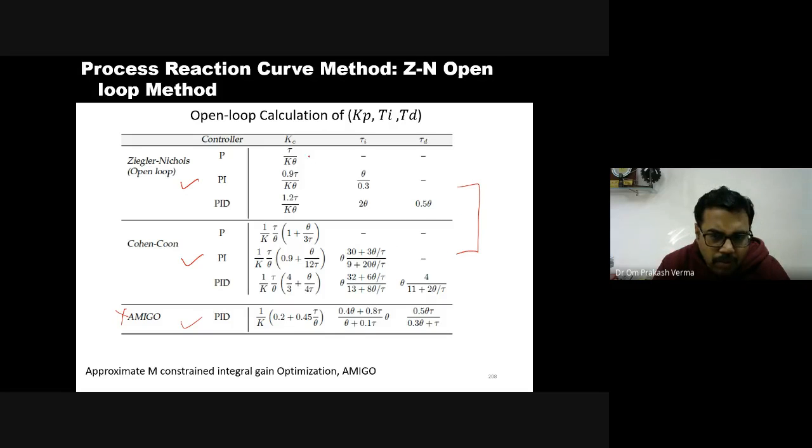So what do you have to do? For the proportional controller, for the KC setting, you can calculate by this formula, tau divided by K theta, and for the PI, the proportional and integral settings, you can find by this formula and this. There is no need to remember this table. This table will be provided to you for the final exam.